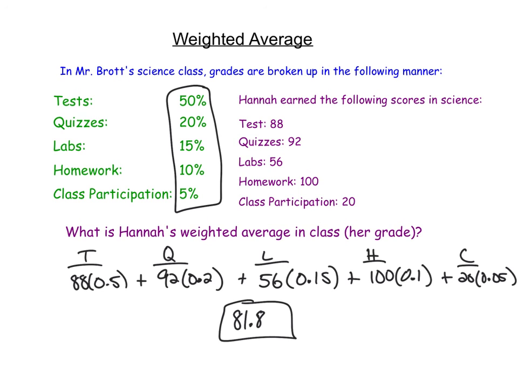She got around an A minus, B plus average for tests and quizzes, but then the labs and the class participation really brought her grade down to that lower B range. And that's how you would figure it out. You'd say how much percent each one is contributing, and then you multiply it by what you have in each of those categories. All right, so that's weighted average.